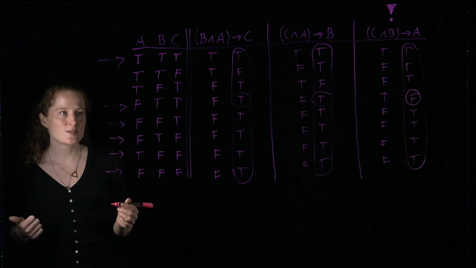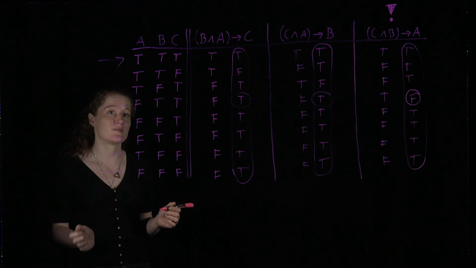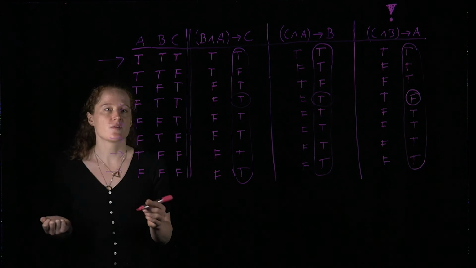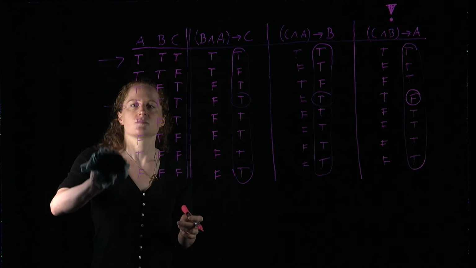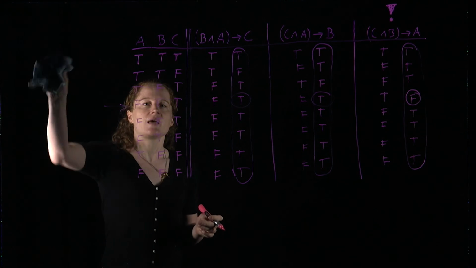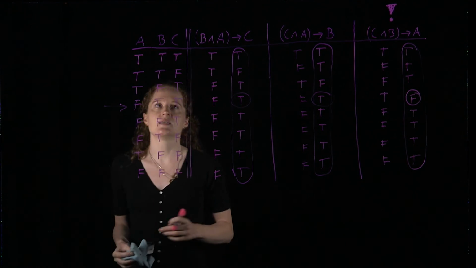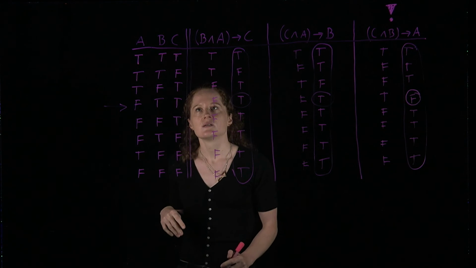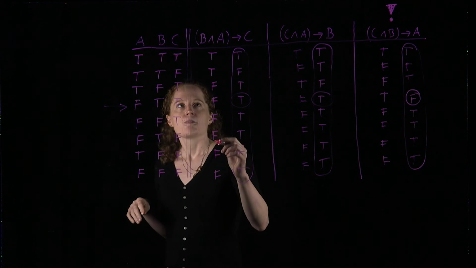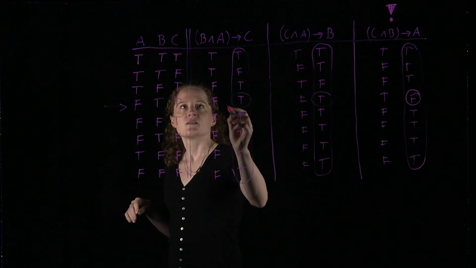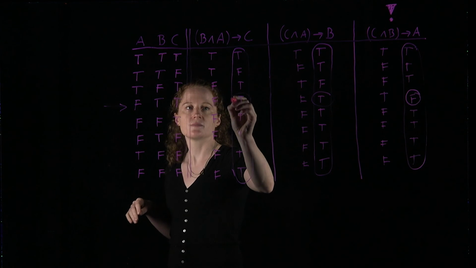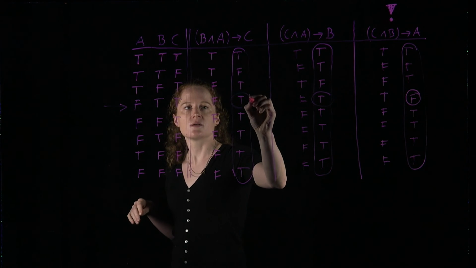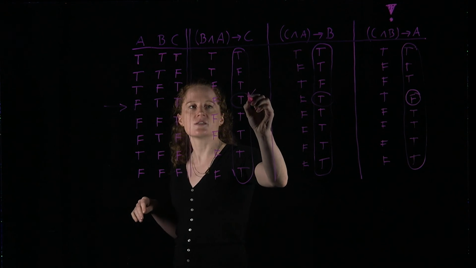Let's just double check our work to make sure we haven't made a mistake. So in the 4th row that we are looking at now, A is false and B and C are true. Now when A is false, the antecedent of this conditional is false, so the whole conditional is true. So we did come to the right conclusion here.